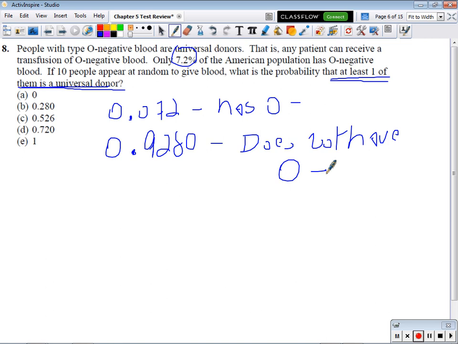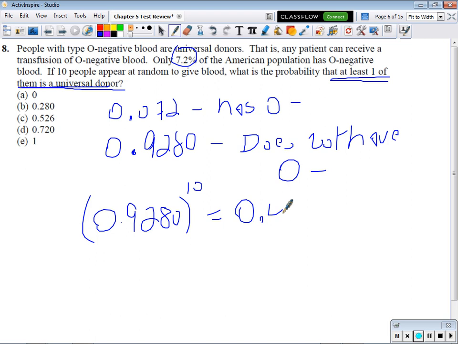So if we found the probability that none of the people have O negative blood, we would say that the probability for that would be all 10 people do not have it. So that would be 0.9280 times itself 10 times. So if I did 0.9280 to the 10th power, this comes out to be roughly 0.4737, that's the probability that none of the 10 people would have O negative blood.